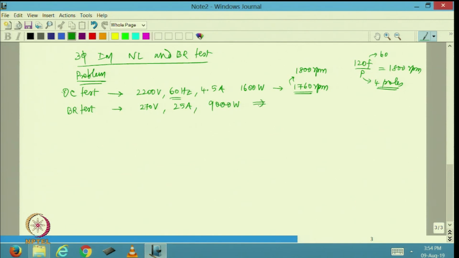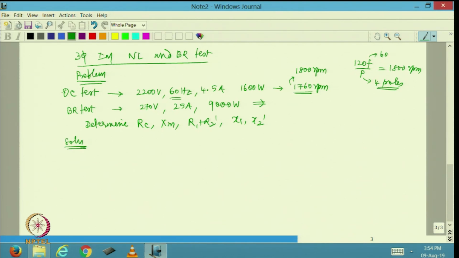Okay. Now, what is being asked is determine RC, XM, R1 plus R2 dash, then X1, X2 dash. This is what is being asked. Okay. So, now let us try to work out the solution.